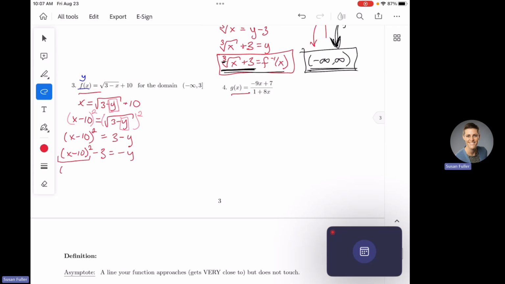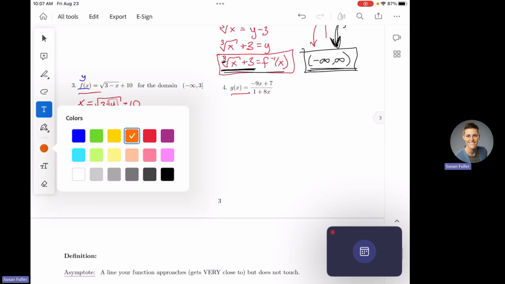When I take x minus 10 times x minus 10, I'm going to get x squared minus 10x minus another 10x plus 100. I still have that minus 3 equals negative y.